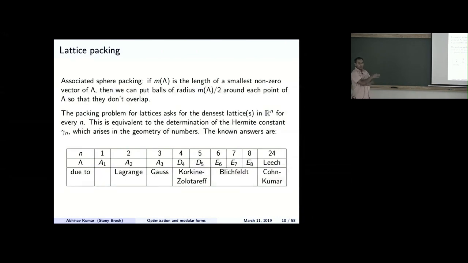But the number of local optima grows really fast. So in principle, that algorithm is hard to pursue and to implement. So these turn out to be all the answers that we can actually write down. Up to dimension 8, this was known around 1930 or so. Whitfeld had a paper which finished off 6, 7, and 8, and then Henry Cohen and I had a paper which did dimension 24.